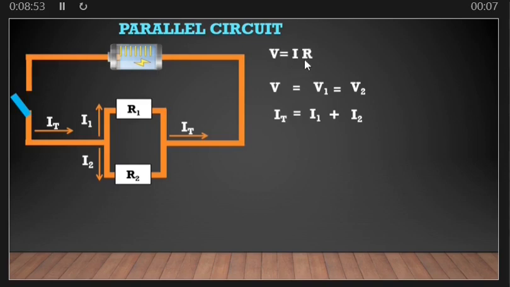All right, so now what we should learn from this circuit is that using Ohm's law, which says voltage is equal to current times resistance, we are able to derive a formula for calculating the total resistance in such a circuit.